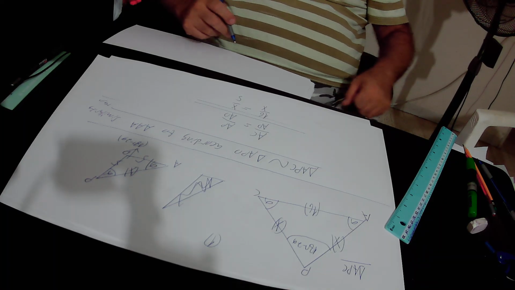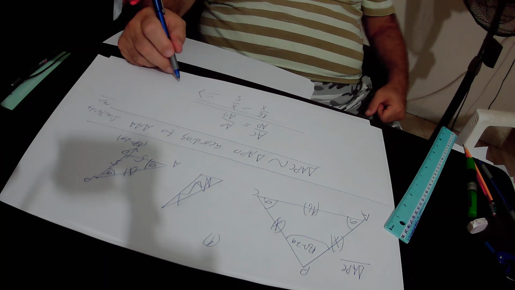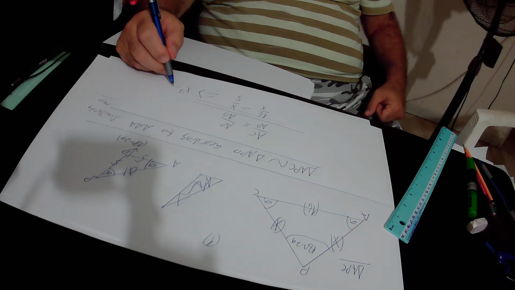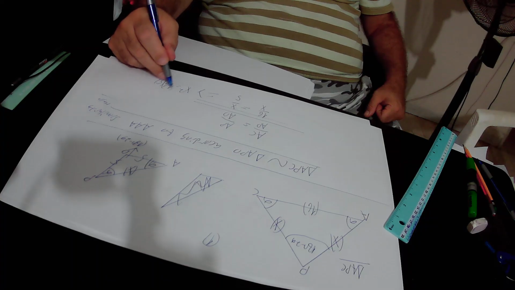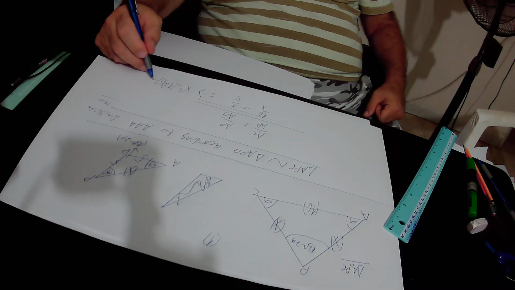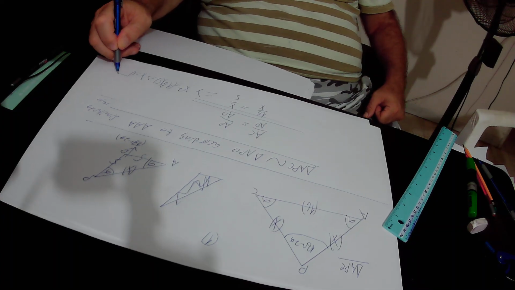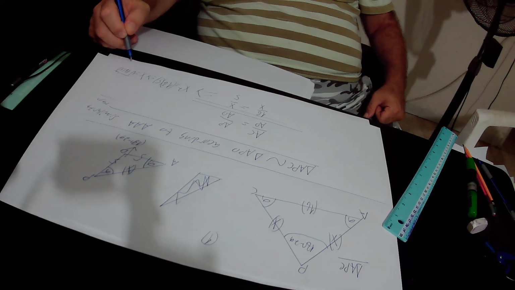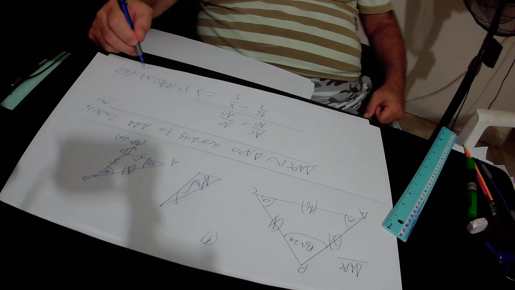Here we cross multiply this equation, and we get that X times X is X squared, so X squared equals 16 times 5. Here we take a root of this equation, and finally we get that X equals the square root of 16 times 5. The square root of 16 is 4, so inside the root we are left only with 5.